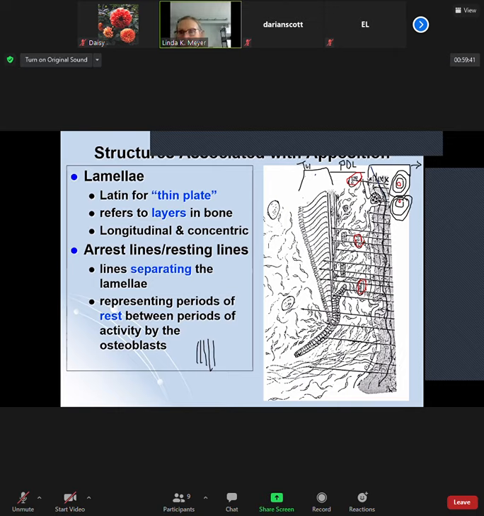So what happened is that this layer of bone formed, then where you see this line, that's where the osteoblasts rested, and then the next day they formed this layer. So we're always going to see resting lines separating the lamellae, whether they're longitudinal or concentric.